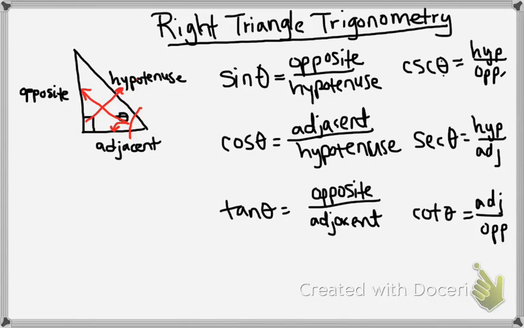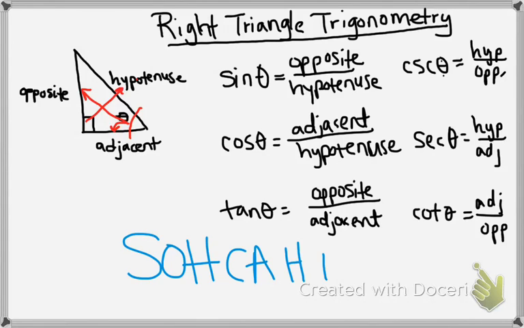One clue here is that the tangents always go together, but then for the other ones, just remember that the co's do not go together. So cosine has to go with secant, and sine has to go with cosecant. Another way to remember this is the word SOHCAHTOA. If you remember that word, then that helps you remember your first 3 trig functions.